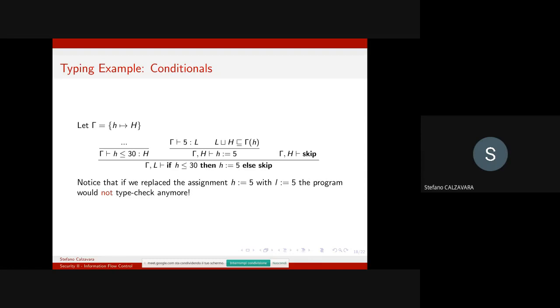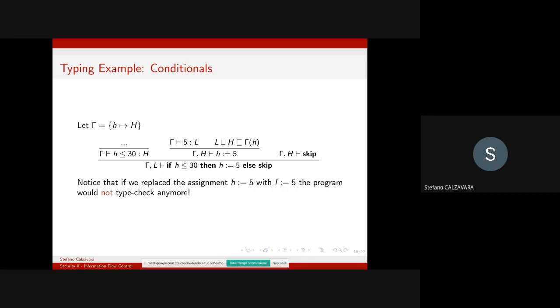Is this program leaking confidential information in public variables? No, because there is only H. Exactly. So we are never assigning anything to a public variable.